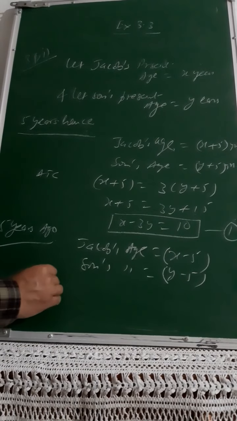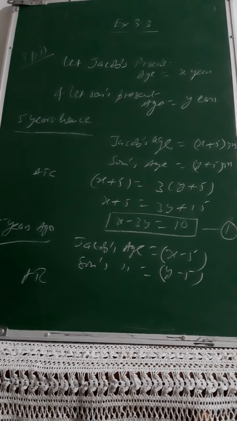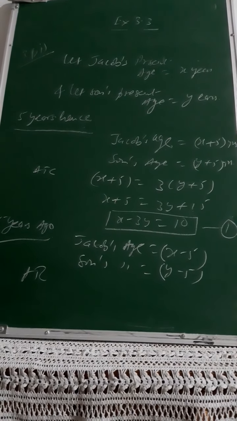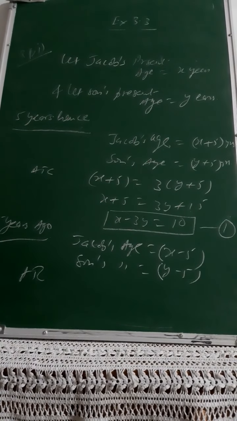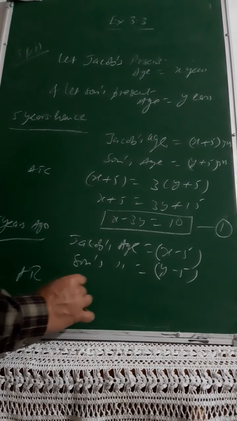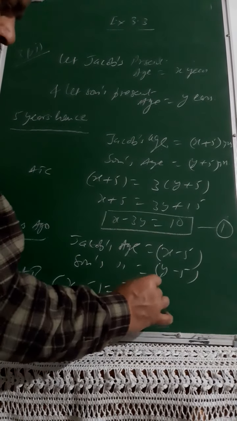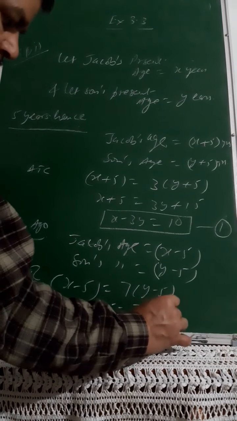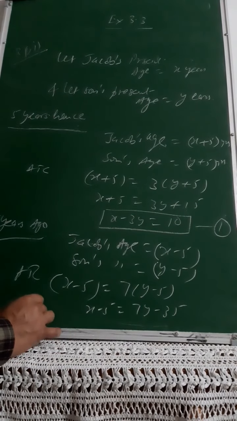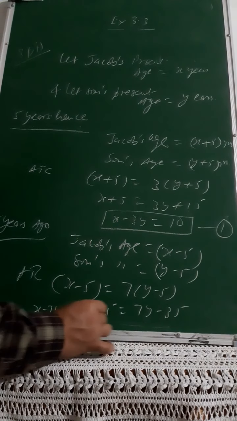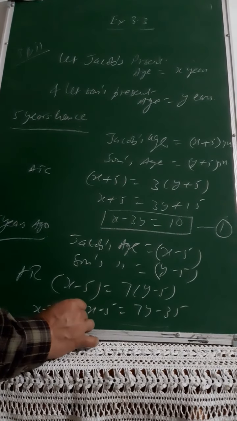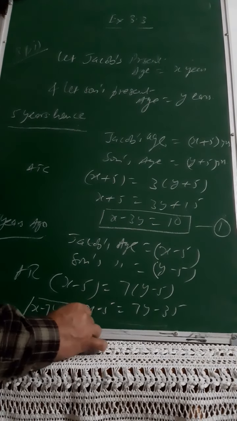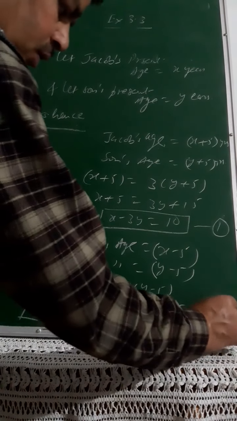Again you apply the condition. 5 years ago Jacob's age was 7 times. So x minus 5 is equal to 7 into y minus 5. That is x minus 5 is equal to 7y minus 35. So x minus 7y is equal to minus 35 plus 5, which will make it minus 30. So this will be your equation number 2.